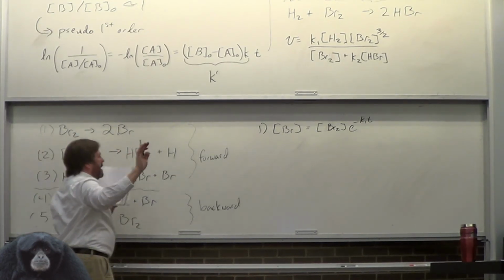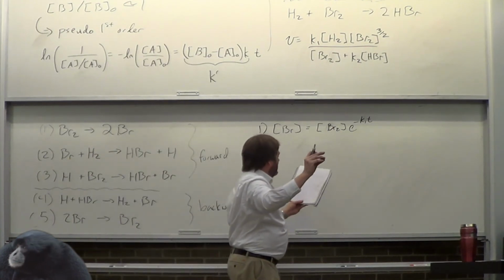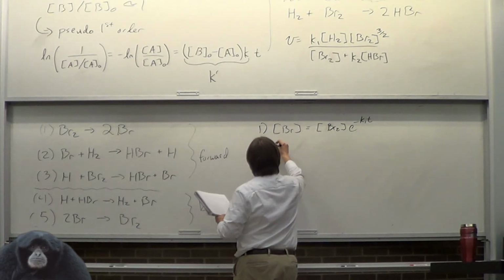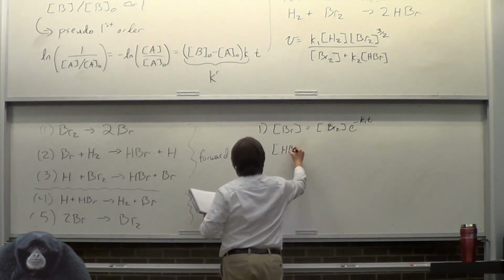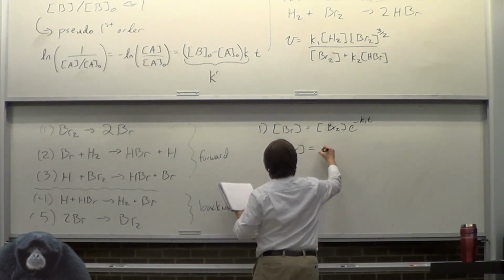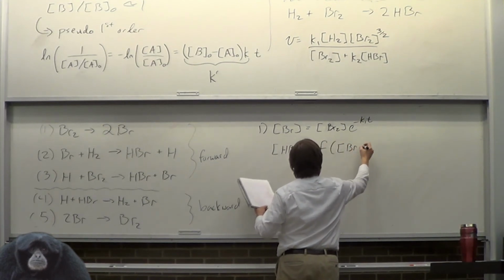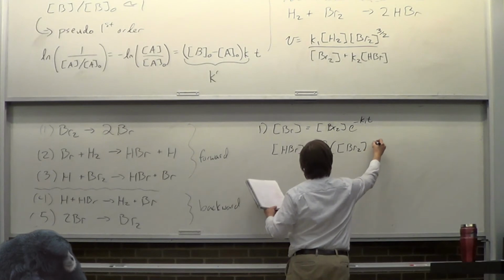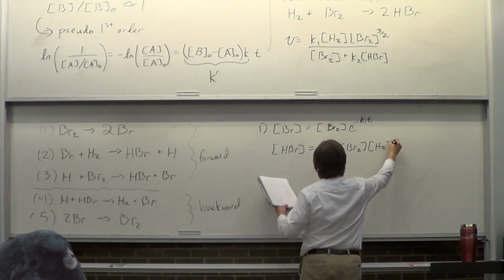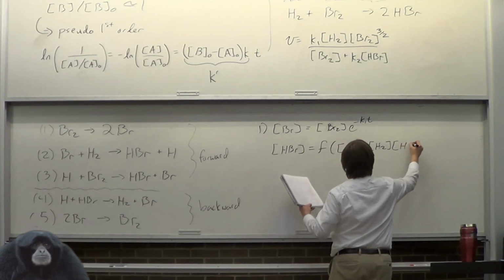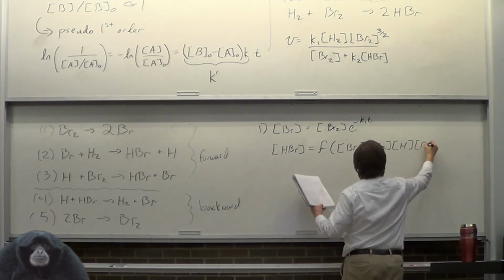Okay, now, and folks, you don't even have to really do this part. So what you want to do is ultimately get this as a function of the initial concentrations of all the species involved, even the H, even the Br.